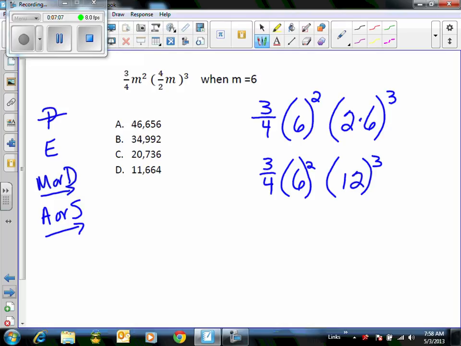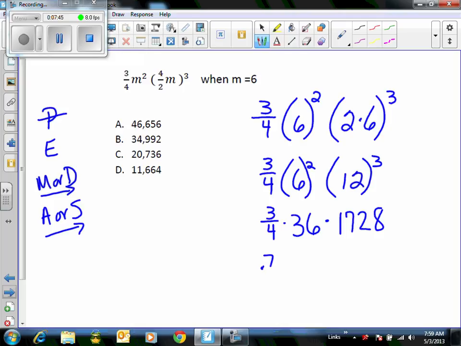So now I want to take care of my exponents. 3/4 times 12, times 36, times, and 12 to the 3rd power is going to be 1,728. So now, 3/4 is a nice enough fraction that we can change that to 0.75.